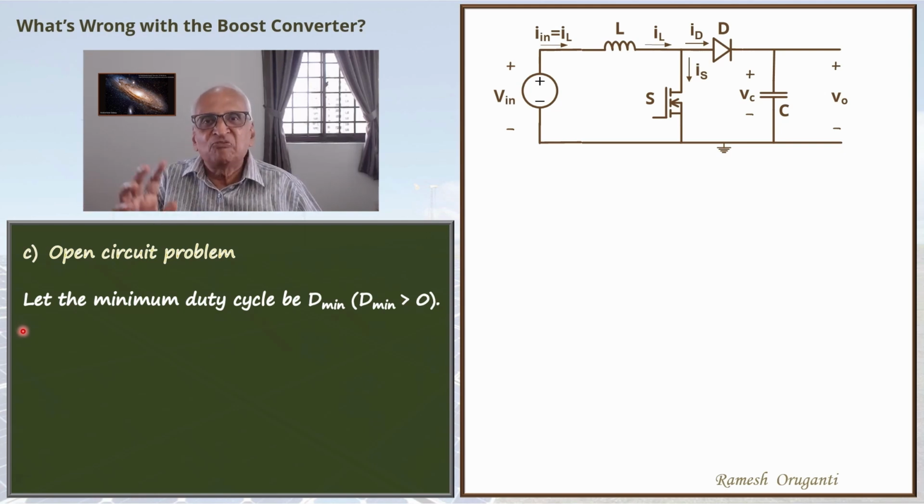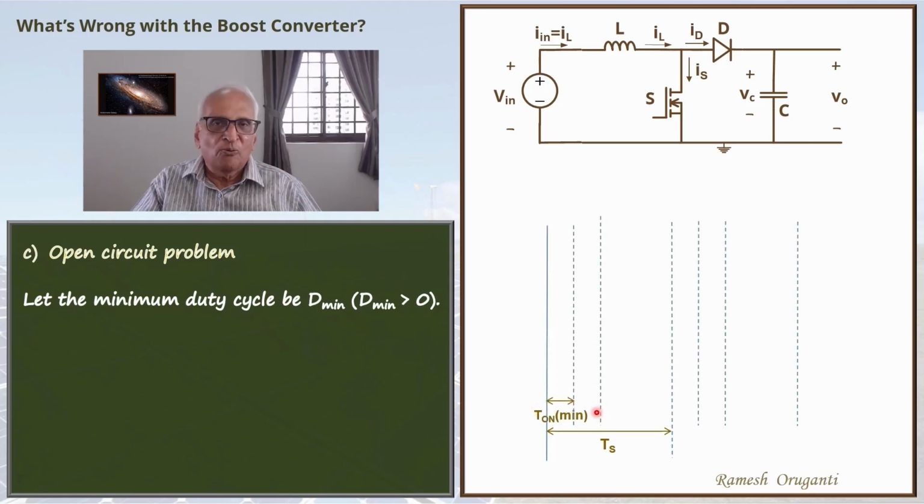Now let's see the waveforms under this operation. We have a D minimum, so we have a T on minimum. Because there is no load, the operation will be in discontinuous conduction mode. The current will start from 0. The switch is switched on, so the inductor voltage is V in. So the current goes up at a slope of V in by L to some peak value IP. And then we switch it off.